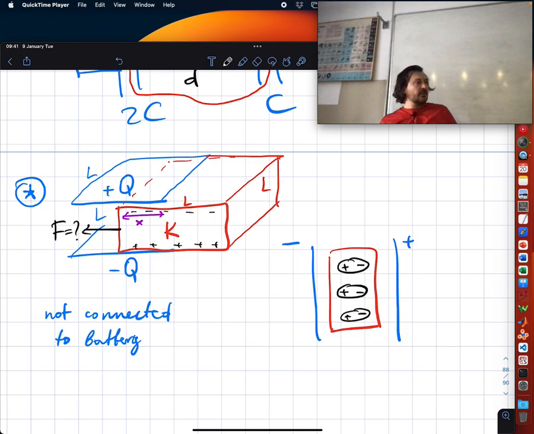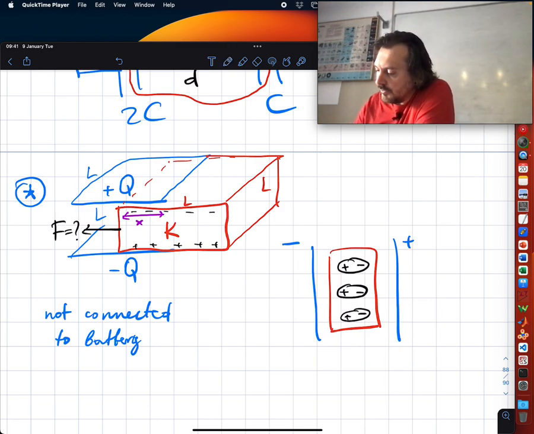So if you want to pull it out, it wouldn't like that, right? It would like it to be inside. Good.